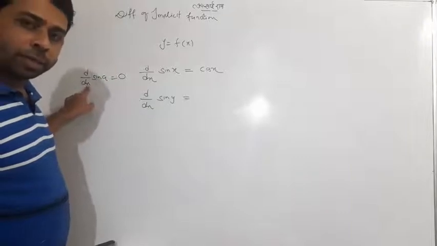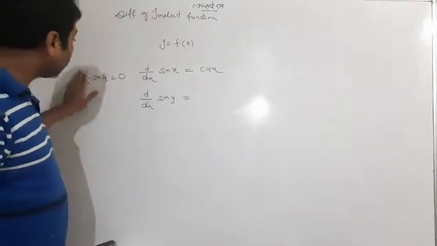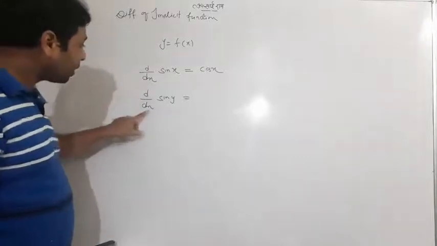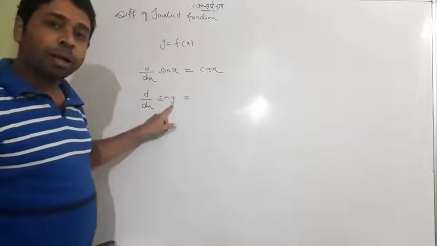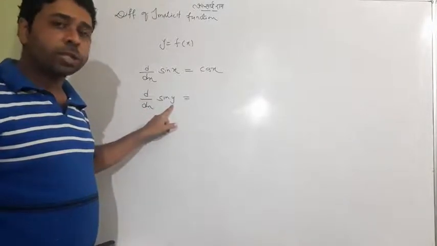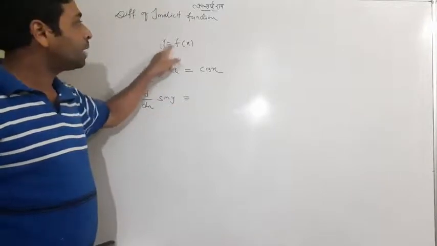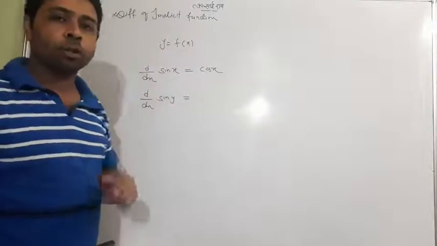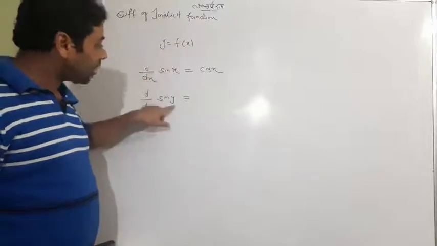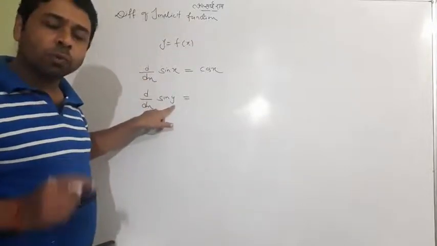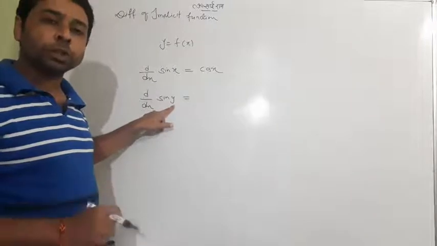So if it is variable x, it must be variable. But here it is y. Sometimes students suppose it is constant. It is not constant. Actually y is never constant, because y is always a function of x. Even if we don't know the value of y, y is always a function of x.